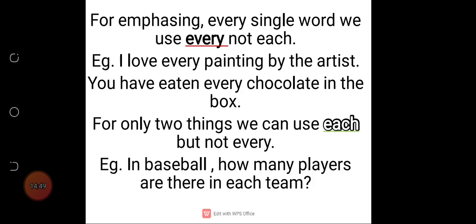We gave sentences to support them. When we use every, it is for emphasis, when we are laying emphasis on everyone in the group, not an individual. And comparing that to every, it will be preferred to use each for only two things. When you are deciding between just two things, or talking about just two things, we use each, not every.